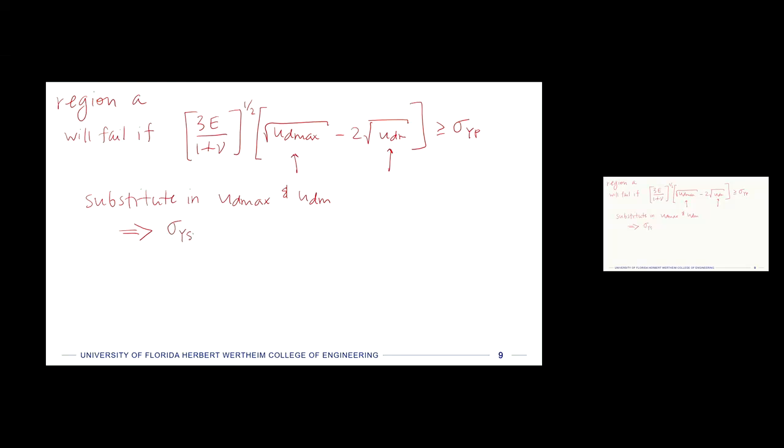And so it comes out to the yield point has to be greater than or equal to 0. And so it doesn't really make sense. So we're not going to consider region A for this case. All right, so moving on to region B.